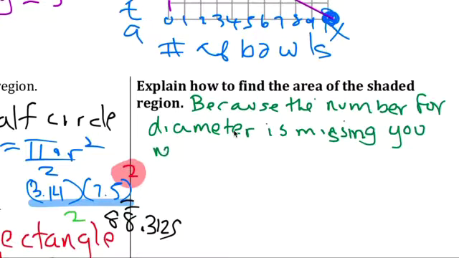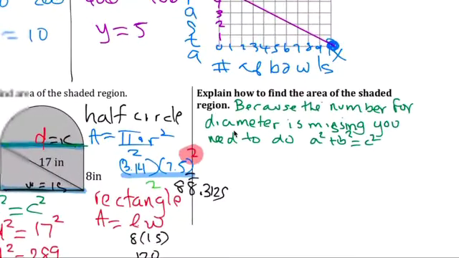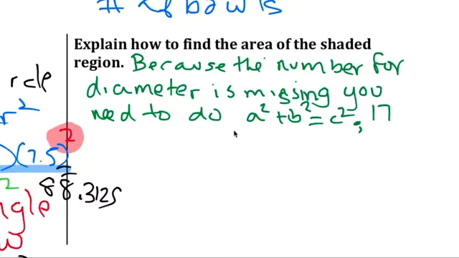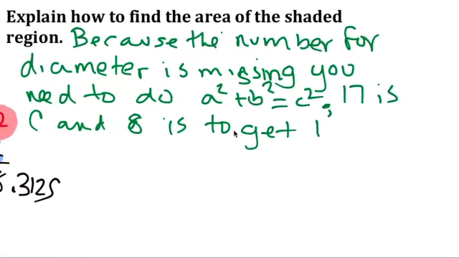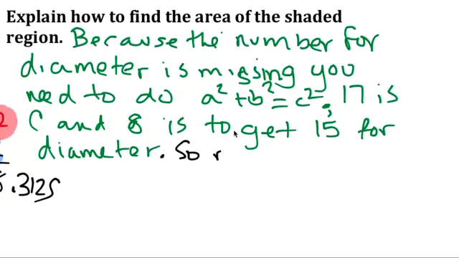You need to do a squared plus b squared equals c squared, where 17 is c and 8 is a, to get 15 for b, 15 for the diameter. So the radius is 7.5.